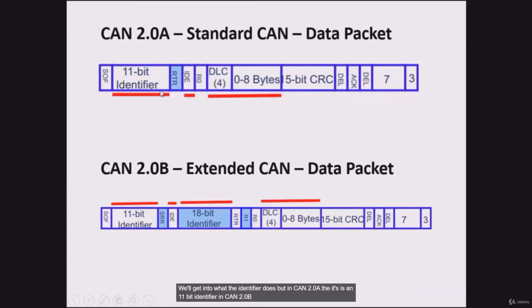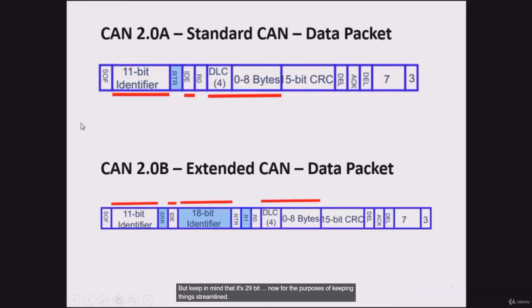We'll get into what the identifier does, but in CAN 2.0a, it is an 11-bit identifier. In CAN 2.0b, which is extended CAN, it's a 29-bit identifier. So the main difference between A and B, between standard CAN and extended CAN, is this identifier.